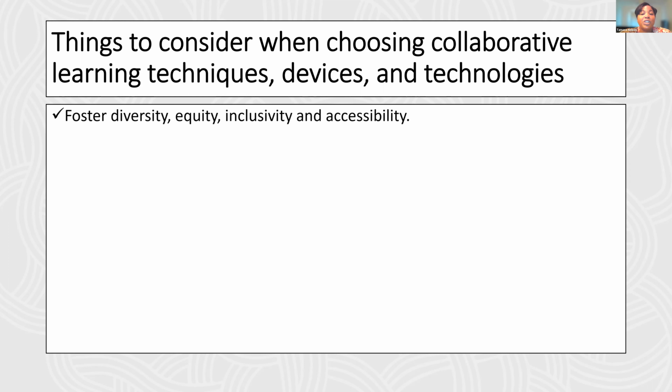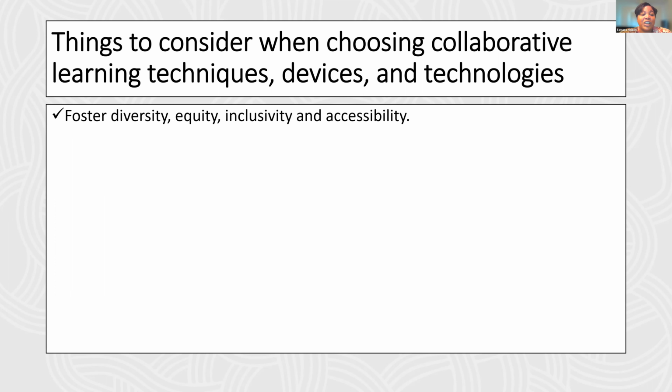So the first thing we want to do when selecting especially our collaborative technologies and devices, we want to think about diversity, making sure that there is representation of everyone and divergent points of view, voices being heard. Equity, and that goes really into thinking about devices here. Let's say you have a high flex class and you are teaching your class in person and everyone has an iPad and the person that's tuning in remotely does not.